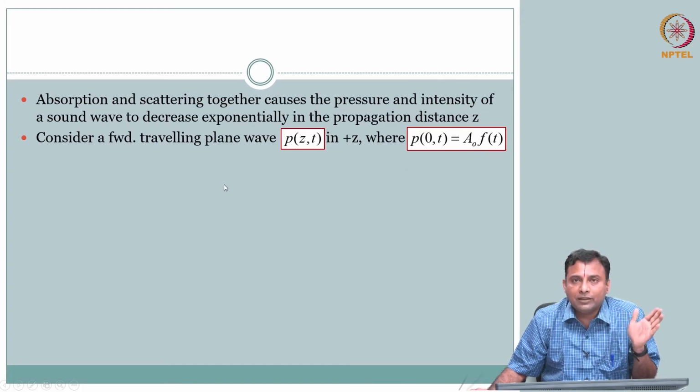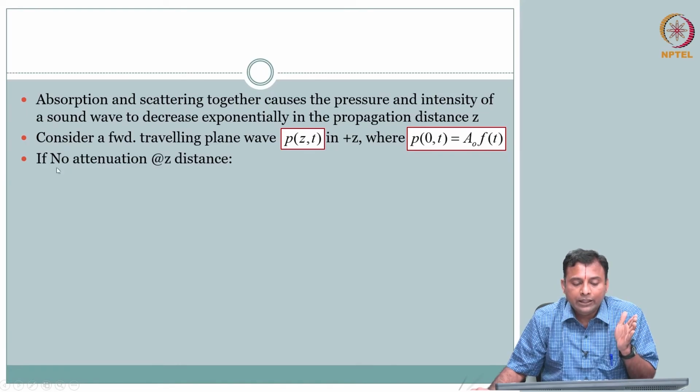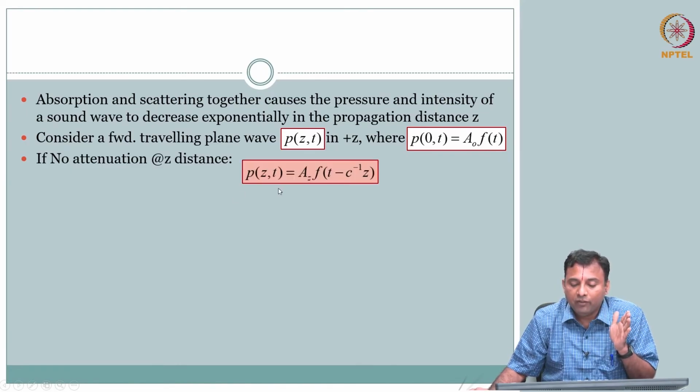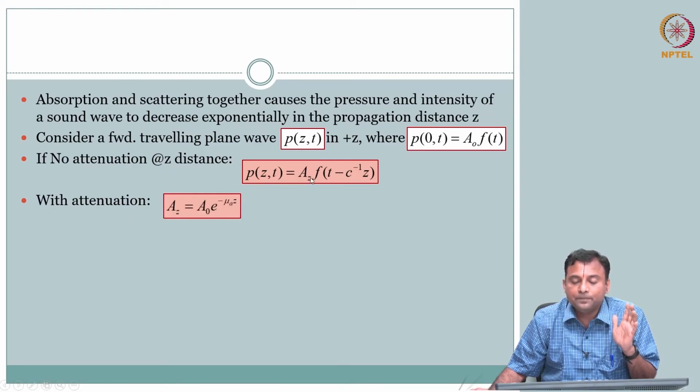But what happens after it travels a certain distance, if there is no attenuation, is straightforward. Your P of z, t will be whatever is the amplitude A of z, t, of the same wave equation that we had. But if you have attenuation, this has to be A0. Okay. So at z you will have the same A0, whereas when you have attenuation with the distance, you are going to have a loss.